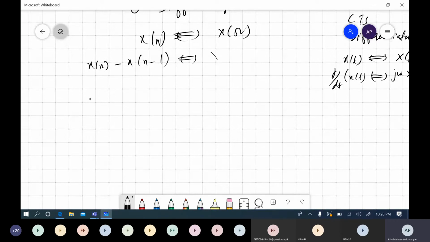For example, we know that x of n is equal to 1 over 2 pi integral of X of omega e to the power j n omega d omega.